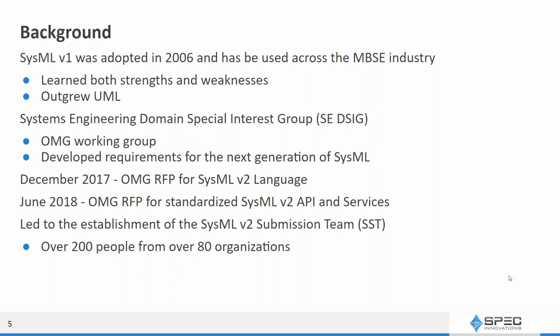And the OMG RFP for standardized SysML V2 API and services that was released in June of 2018. These RFPs led to the establishment of the SysML V2 submission team, or SST, which consists of over 200 people from over 80 organizations.